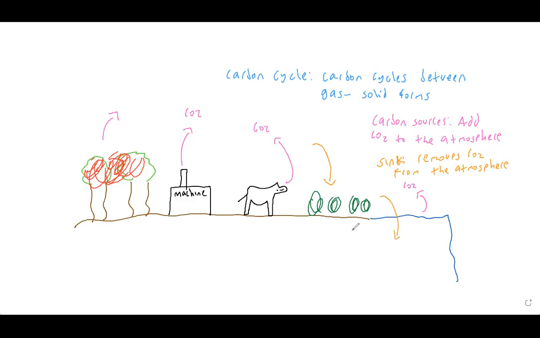Now, normally, this is a pretty balanced cycle because there are so many plants on Earth that whatever carbon dioxide is put into the atmosphere was taken out by plants. And of course, fires contribute quite a bit of CO2, volcanoes as well, but other than that, it pretty much balances out.